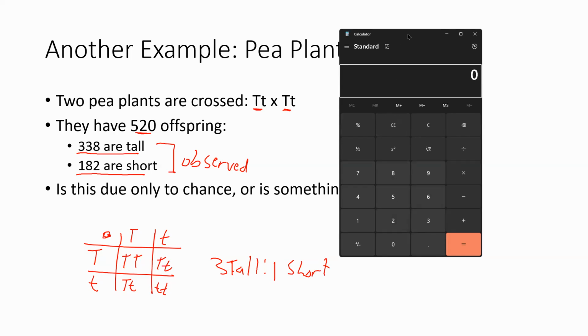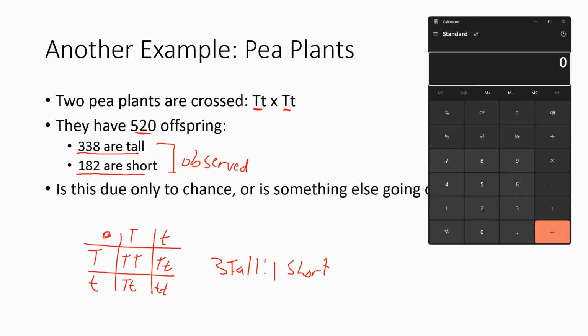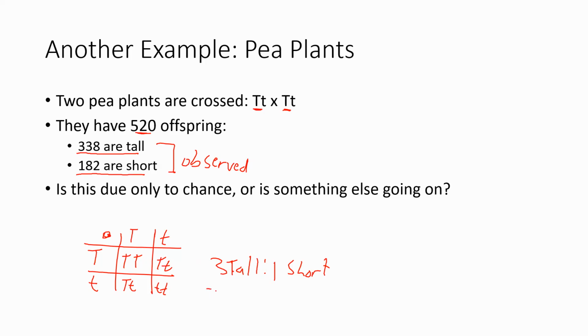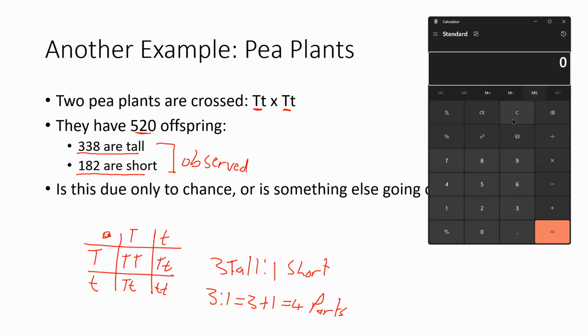So here's what we do. We add 3 plus the 1 together, okay? So 3 to 1 equals 3 plus 1, which equals 4 parts. All right? Then now all we gotta do is divide the 520 by 4. This gives us 1 part.